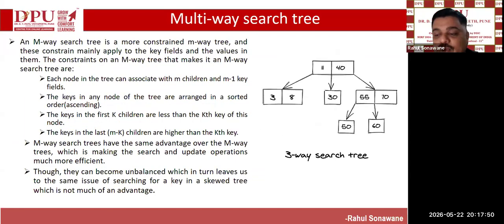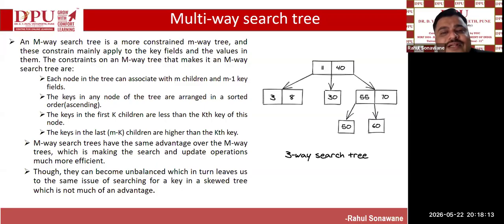Now we have understood the m-way tree. Next, we have to go for the m-way search tree. This m-way search tree is a more constrained m-way tree. We have applied one more rule to the m-way tree to make it an m-way search tree.